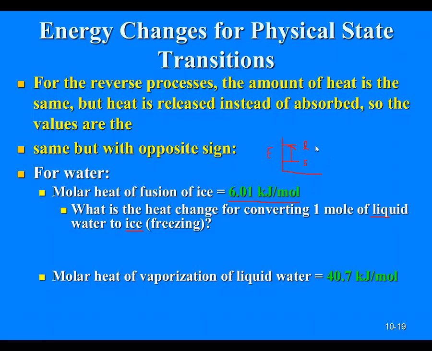Now, however, if I go through the freezing process, I'm really just ending up at the original state again. So the difference in energy is identical, but it's just opposite in sign. So if I have this enthalpy for the heat of fusion and I change the sign, the enthalpy of the freezing process is just negative 6.01 kilojoules per mole.